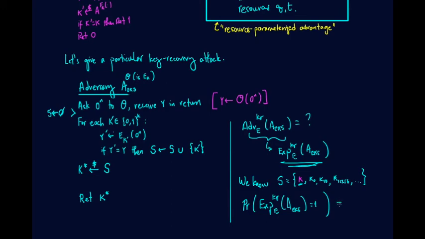It's 1 over the size of S. That's the probability. That's the advantage of the adversary. 1 over the size of S, where S is the size of this set. So if we can find a way to reason about how big that set is, then we'll be able to say exactly what is the advantage of this particular attack.